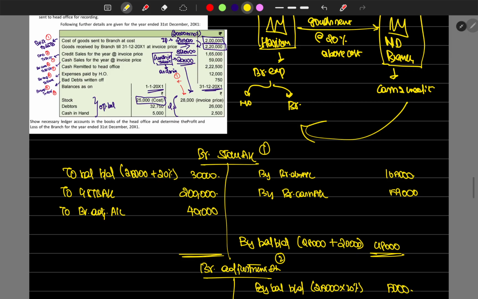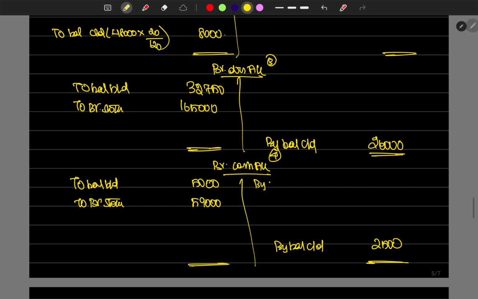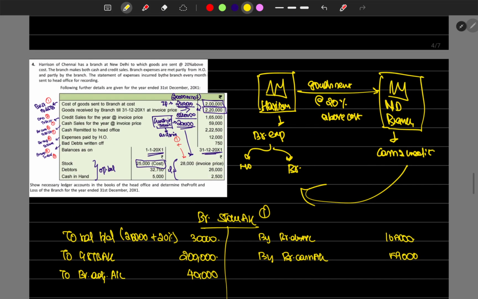Okay, then cash remitted to head office, which is 2,22,500, right?